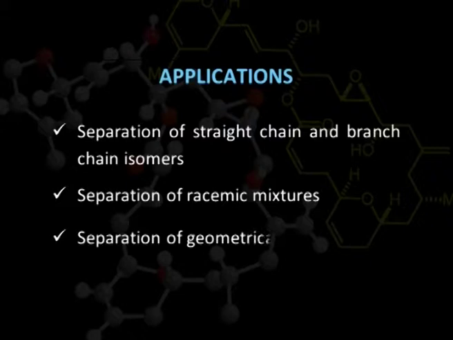They are also used for the separation of geometrical isomers. In all of the cases, we can understand that into the cavities or into the cylindrical channel being formed by the host molecule, only the right size of the guest molecule can be included.